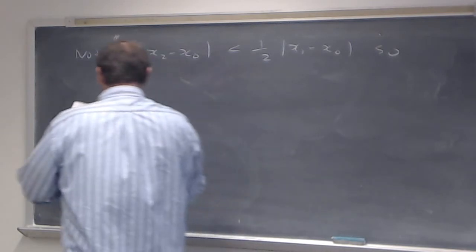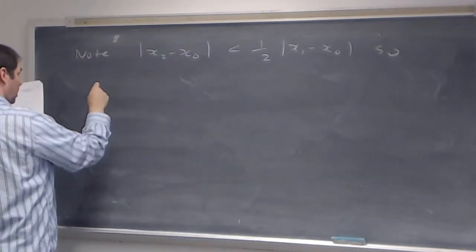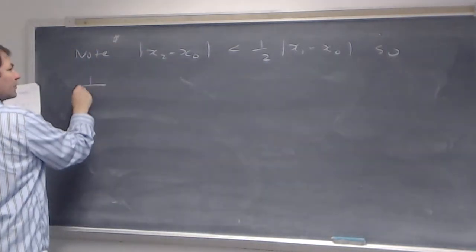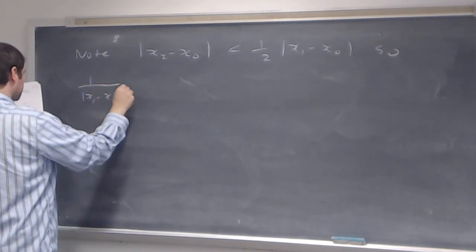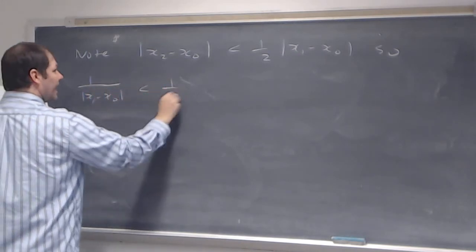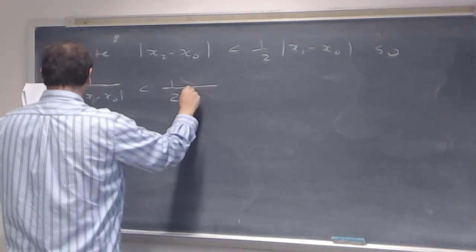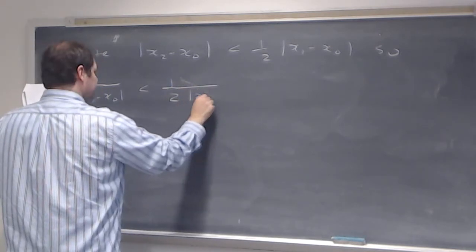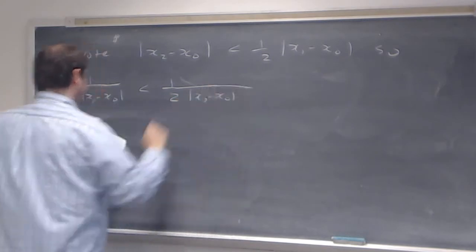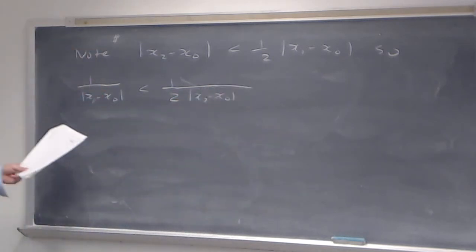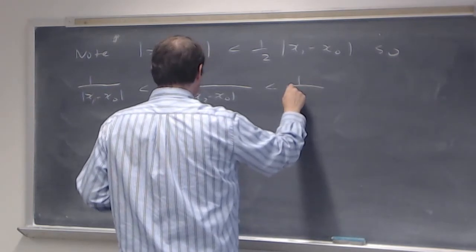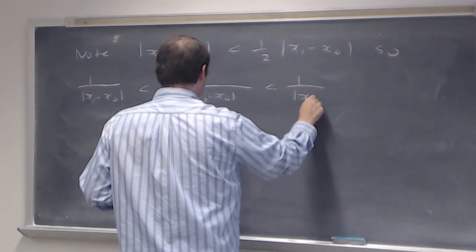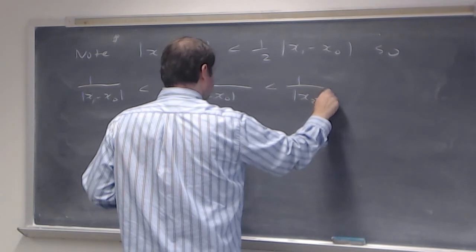So, just working with this inequality, we have 1 over the absolute value of x of 1 minus x of 0 is going to be less than 1/2, and in the bottom, the absolute value of x of 2 minus x of 0, which is, of course, less than 1 over the absolute value of x of 2 minus x of 0.